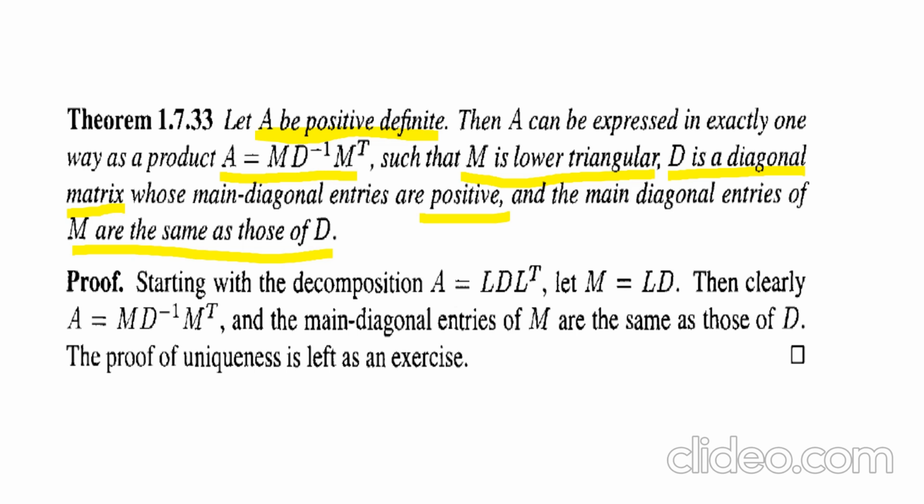If A is a positive definite matrix, it can be written as A is equal to M D inverse M transpose in this relation.